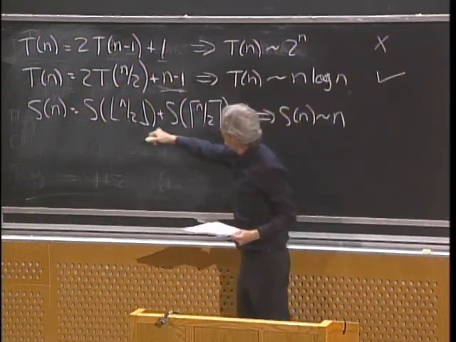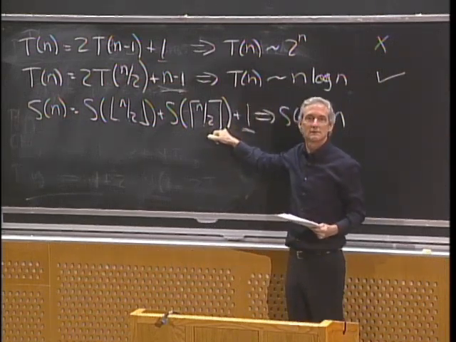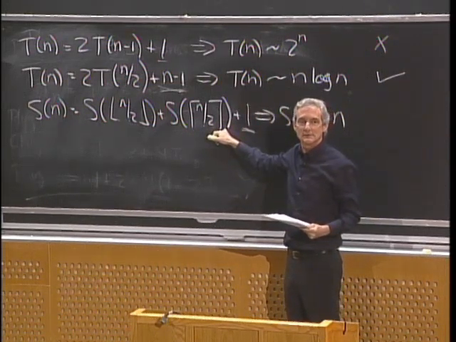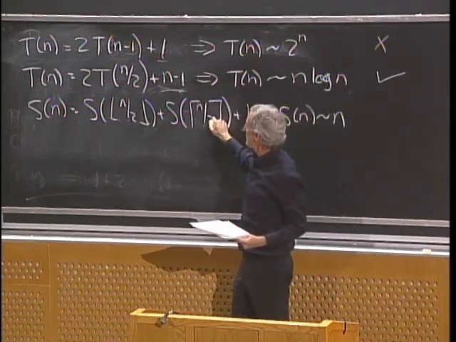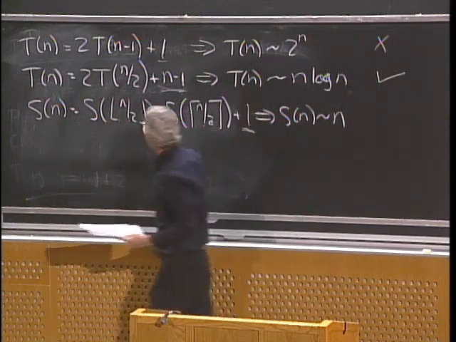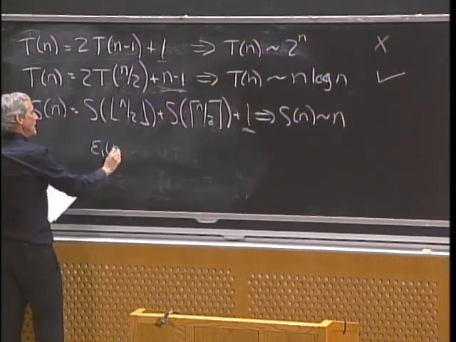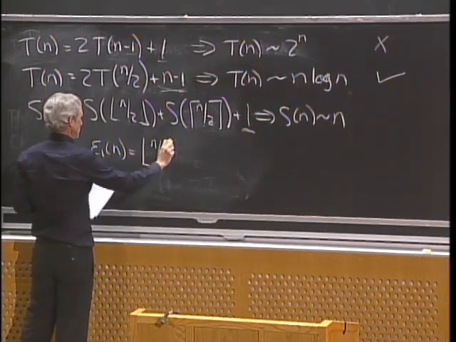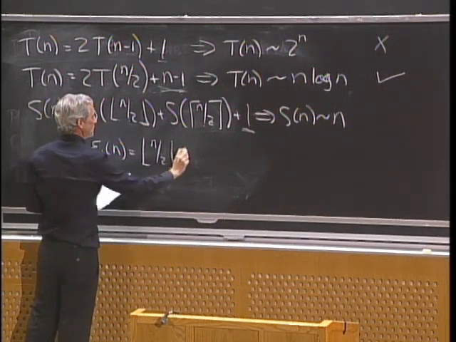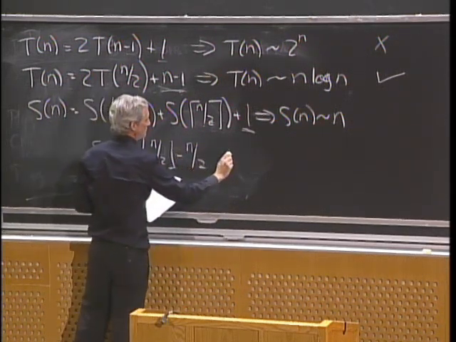What about this nasty guy? Is that divide and conquer? Yeah. You've got basically n over 2 here, two n over 2 terms. Now, this is where that epsilon thing comes in handy. Because epsilon 1 of n in this case is floor of n over 2 minus n over 2, and that's at most 1.